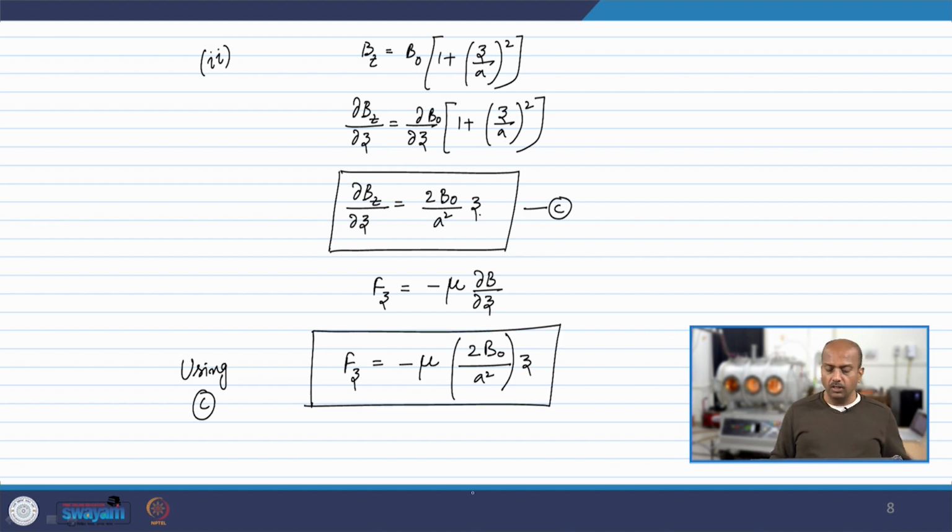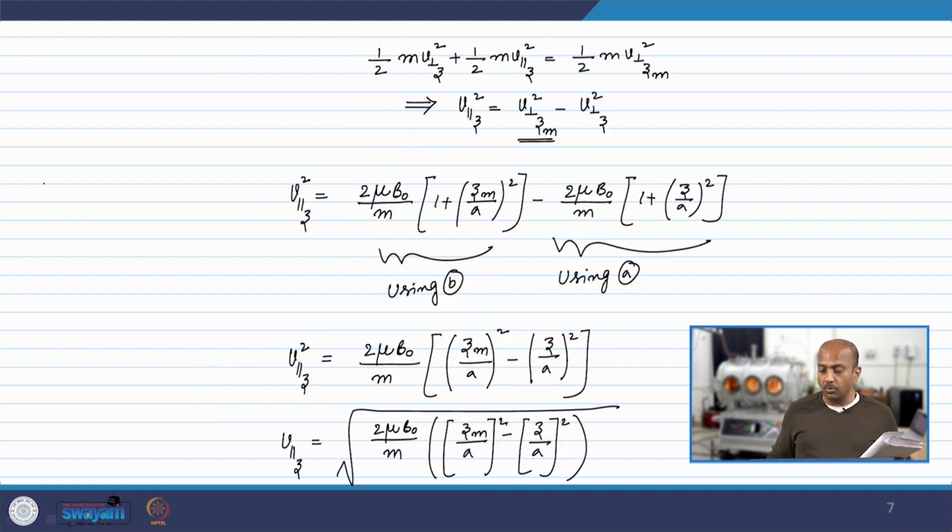This is the answer for the second problem. Now we have to calculate the time period of oscillations of the particle which is executing a simple harmonic motion between the two mirroring points, right. Now we know the force, which is m d square z by dt square, is q times v cross B, right.